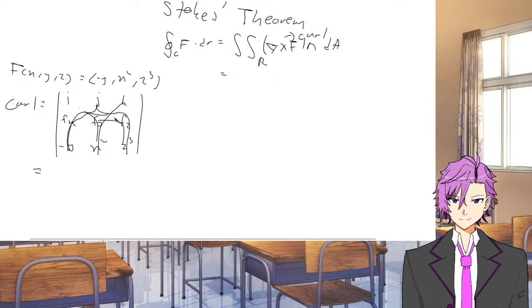So it's this minus this plus this minus this, and then this k here is this minus this. So if you do that, in the end we'll get 2x plus 1 k. So that will be the curl for the question.